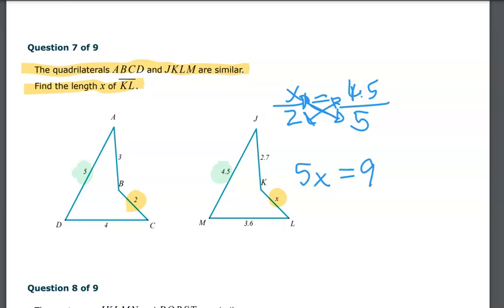Here, I divide by 5 to solve for x. This is where it's totally fine to pull out your calculator. 9 divided by 5 is 1.8. So x is equal to 1.8.